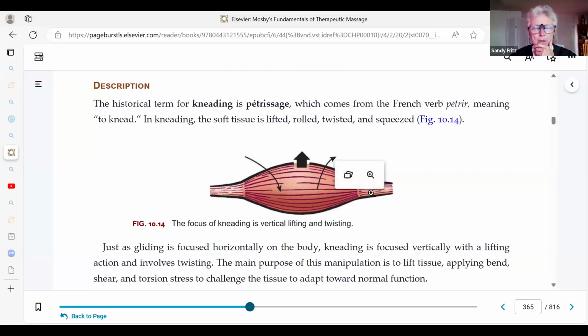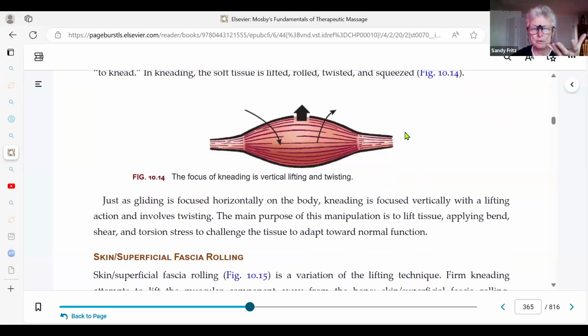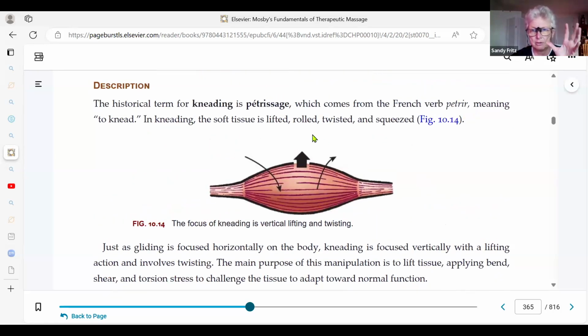And then kneading. Kneading almost always is going to go across the fibers. Historically, the Swedish massage overlap is petrissage. So you may identify this on one of the NBLEX exams, or if you're reading a piece of research or something.